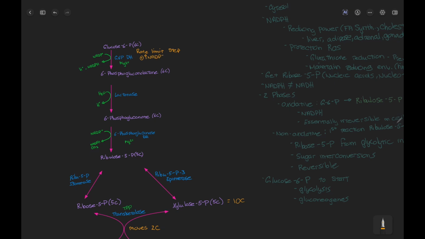Cells that are rapidly dividing will use a lot of NADPH, so concentrations of NADP+ will rise, stimulating glucose 6-phosphate dehydrogenase and giving us more flux through this pathway. NADPH is also an inhibitor, and it will allosterically bind to glucose 6-phosphate dehydrogenase to further inhibit it.